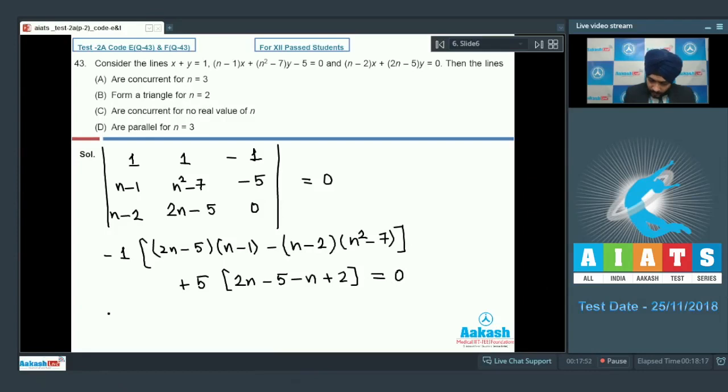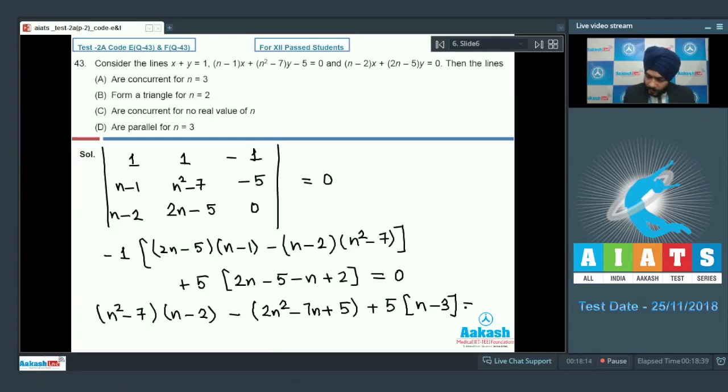So this will give me (n square minus 7) into (n minus 2) minus (2n square minus 5n minus 2n minus 7n plus 5) plus 5 into (2n minus n minus 3) is equal to 0. So let us multiply these terms.